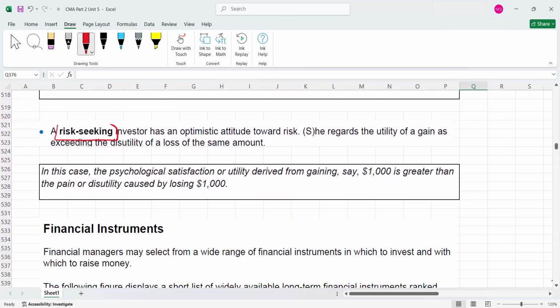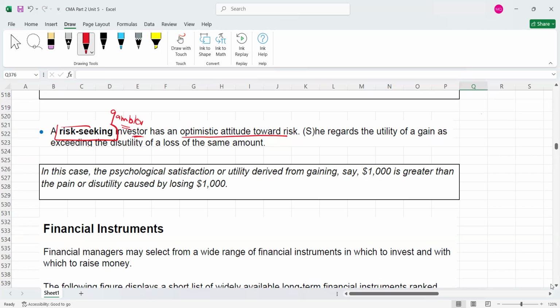Now we have here, guys, the third kind of investor attitude, called risk seekers or risk seeking. A risk seeker investor has an optimistic attitude toward risk. You can say these are the gamblers, right? Gamblers always take high risk with the expectation of high return. So for them, what is more important?